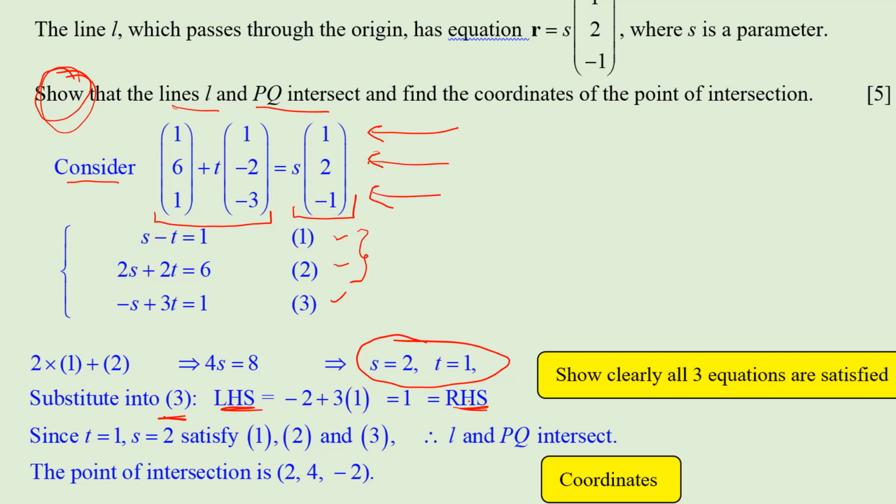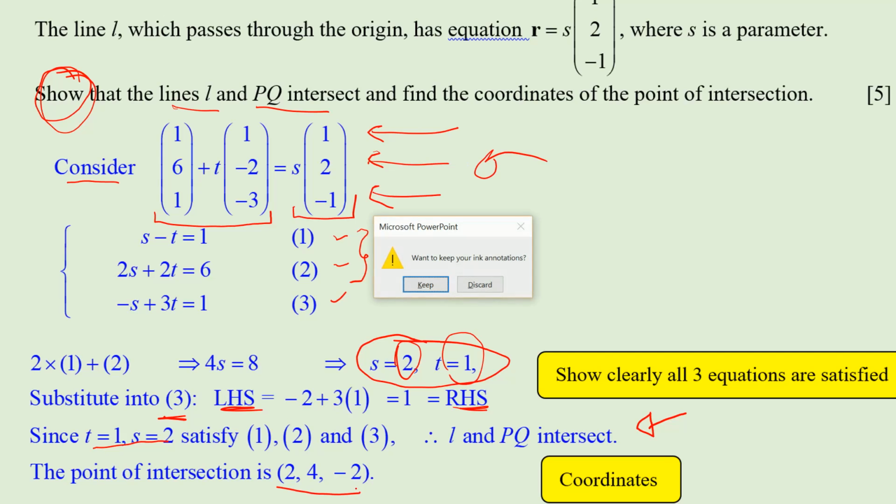They are consistent, and therefore you can conclude that because t equals 1 and s equals 2 satisfy equations 1, 2 and 3 concurrently, lines L and PQ intersect. Substituting either the value of s or the value of t back into your original equation, I can find the so-called point of intersection of the two lines. That is all for question number 4 of your tutorial.